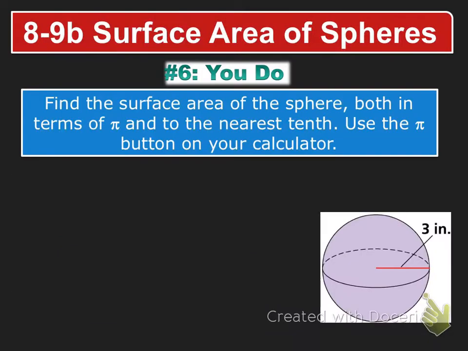So let's look at number 6. Find the surface area of the sphere both in terms of pi and to the nearest tenth using the pi button on your calculator. So don't forget the surface area is going to be 4 pi r squared. So go ahead and use this as the radius of 3 inches and try this one on your own.